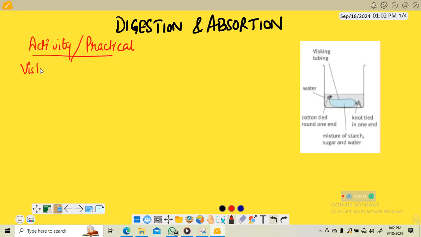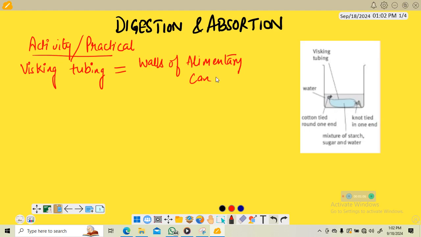So here first we'll take a Visking tube. Now this is almost similar to, if I relate it to digestion, the walls of the alimentary canal.